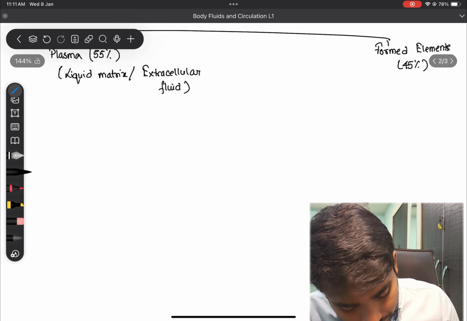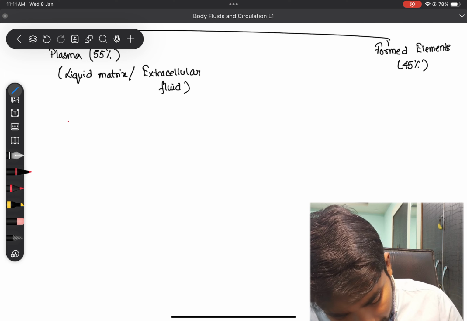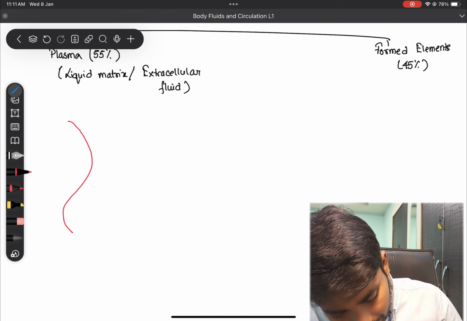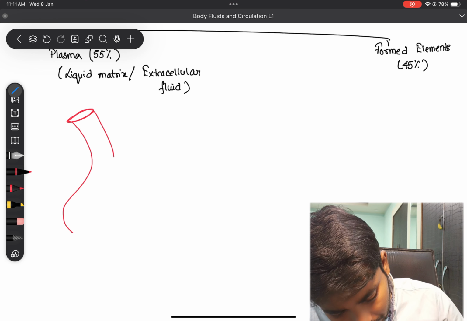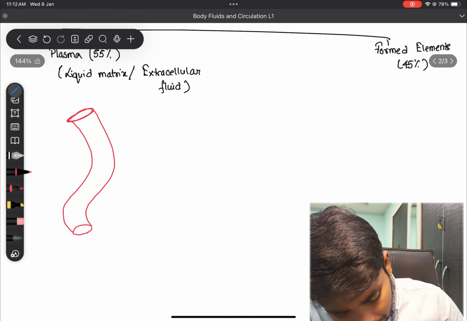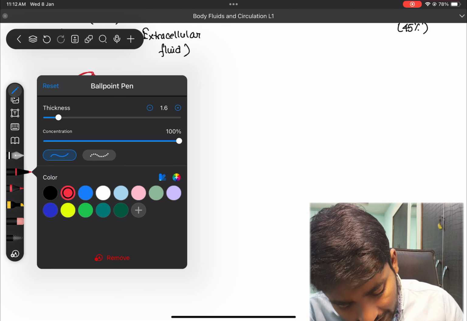I'm drawing a simple diagram. These are the formed elements.